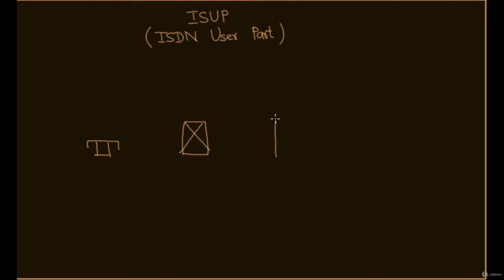Okay, so suppose this is the ISDN phone, and this is exchange 1, exchange 2, and this is another phone. The protocol between the phone and the exchange is called the user network interface. The protocol between the endpoint and the exchange, that is, the exchange and the telephone, is called the user network interface.